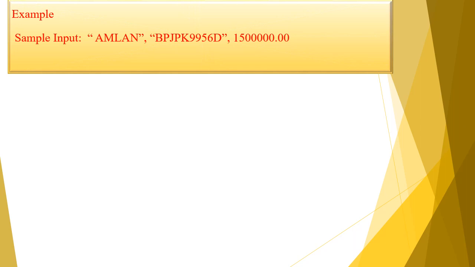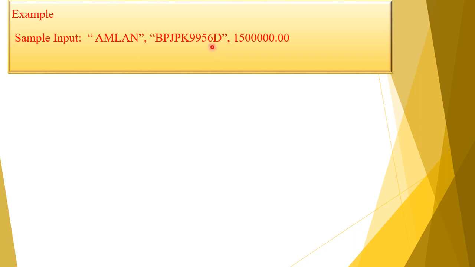Now we take a sample input and we calculate the income tax to be paid by the person based on the given conditions. We take an example here. The sample input: the name of the citizen is Amlan, and the PAN number of the person is BPJPK9956D.